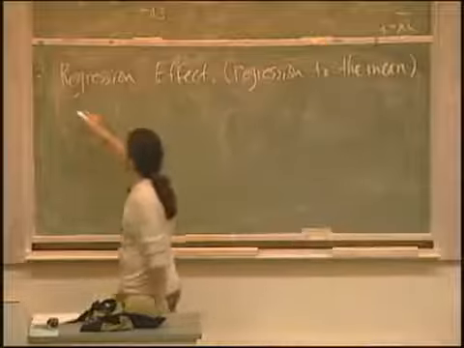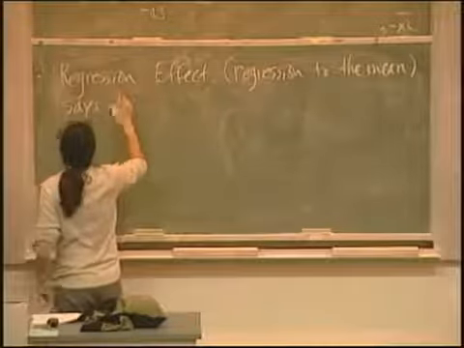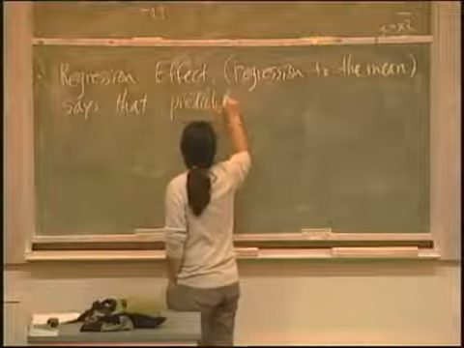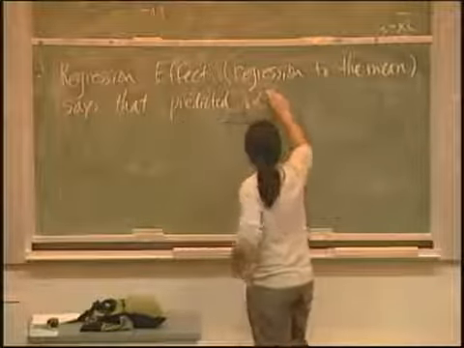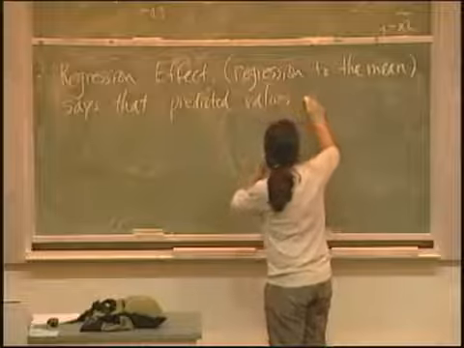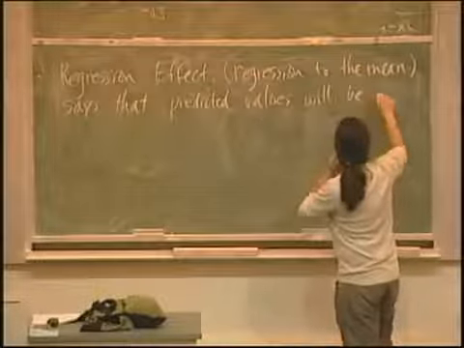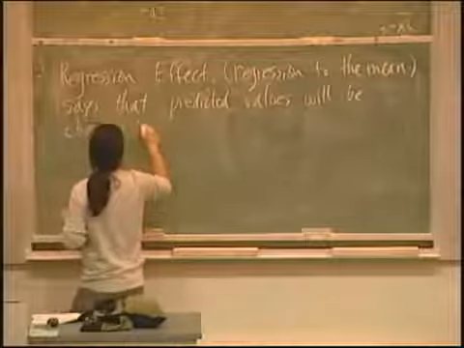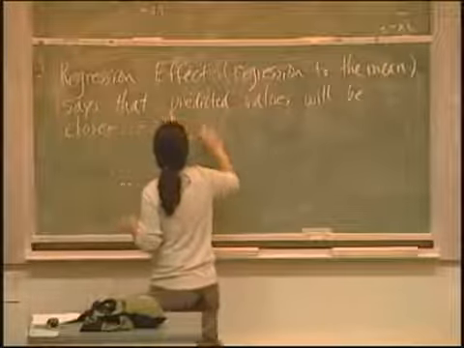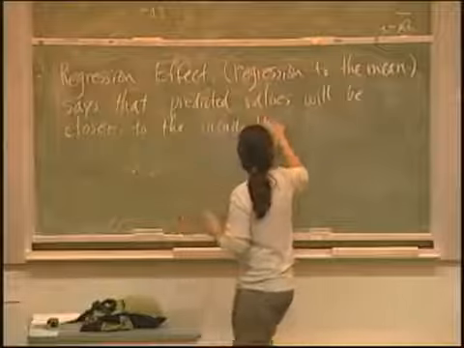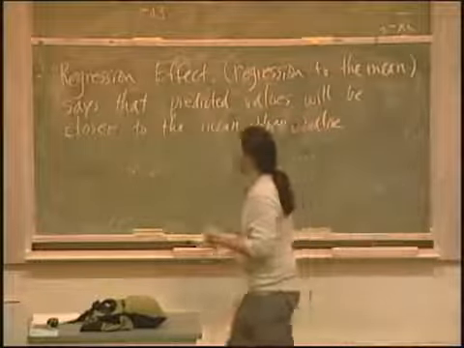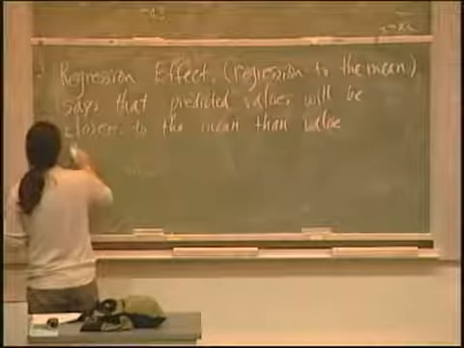So this says that the predicted value is closer to the mean than the value you started from or predicted from.